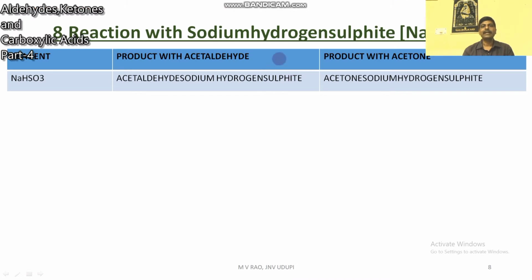Next one, reaction with sodium hydrogen sulfite. Here you take acetaldehyde first. Another, acetone. H and CH3, only this much is the difference, the remaining is same. The reagent is NaHSO3.